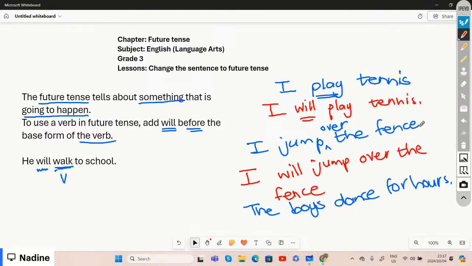The boys dance for hours. So how are we going to write that in the future tense?